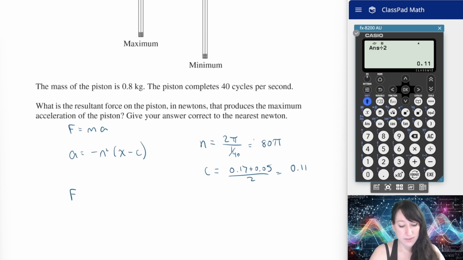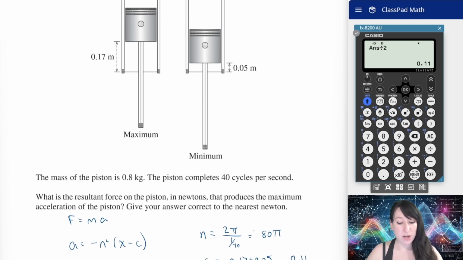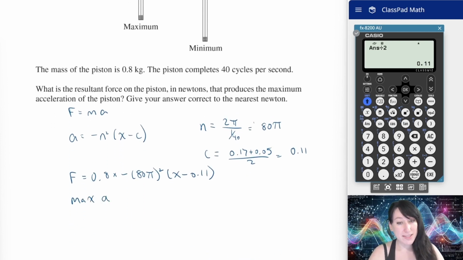So that means the force is the mass, which is 0.8, times negative n squared, 80 pi squared, times x, the position, minus the center, 0.11. Now, in simple harmonic motion, the maximum acceleration occurs when the position is at its peak or minimum. So we have max acceleration when x is 0.17 or 0.05.